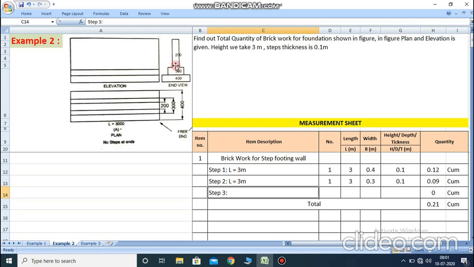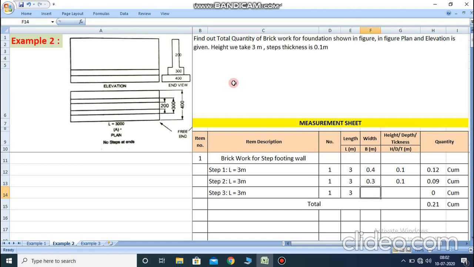Now we take the third step, which is 200 mm width, and height we take 3 meter. Clear? So here we write length L is equal to 3 meter. We take the number as wall 1, length is 3 meter. Length is already given in the plan part, 3000 mm means 3 meter.